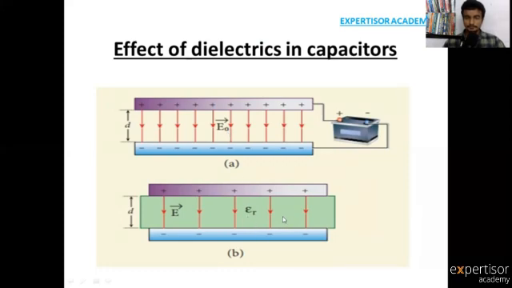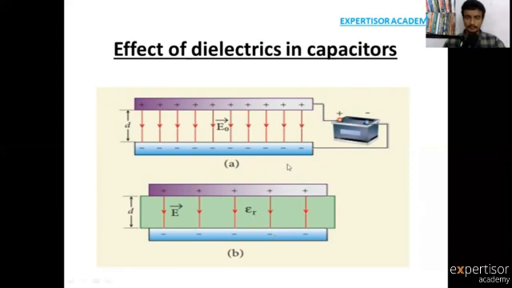When you apply the battery to these plates in the presence of dielectric, the E naught, V naught, Q naught and C naught values are multiplied by epsilon r.